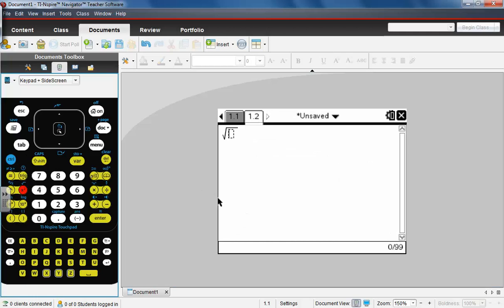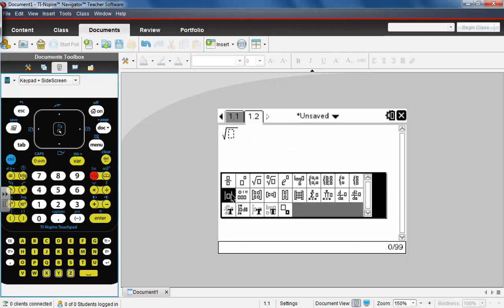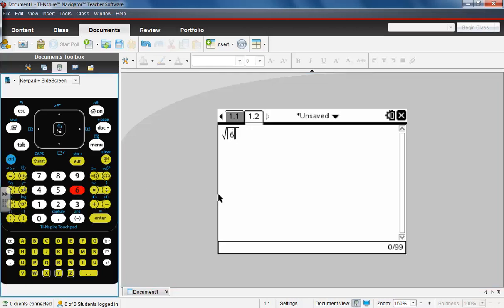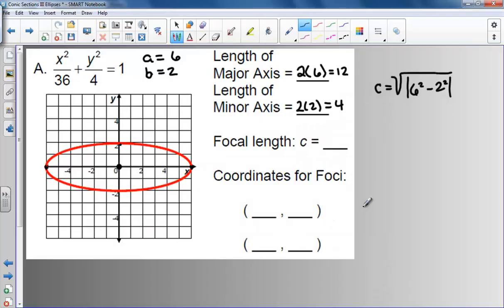So square root of, and then absolute value bars, remember, are right here. So 6 squared minus 2 squared. And so we're going to round this to the hundredth place, so we're going to use 5.66 for our focus point. So C is equal to 5.66.